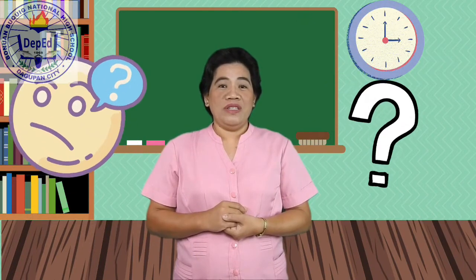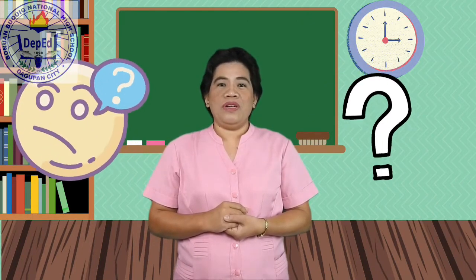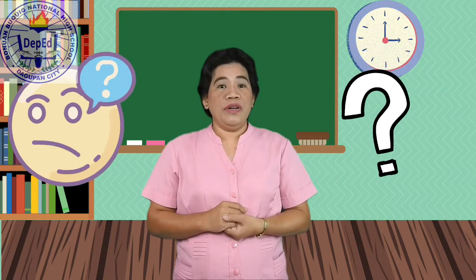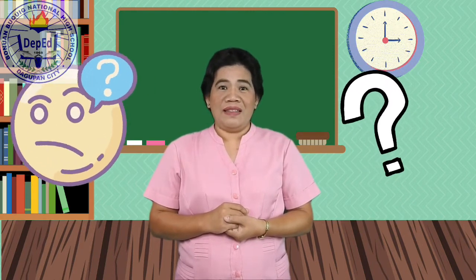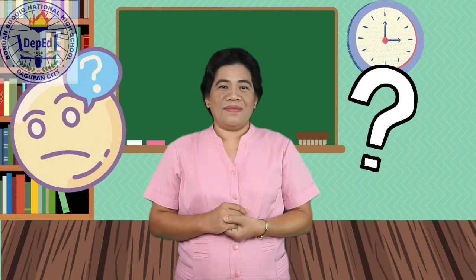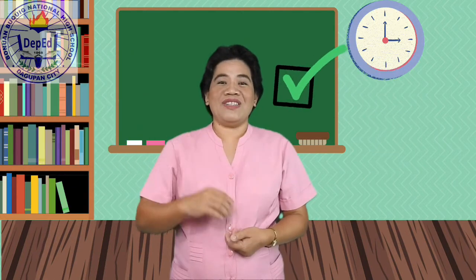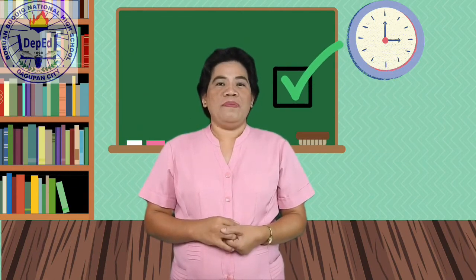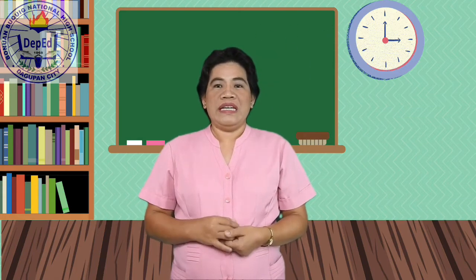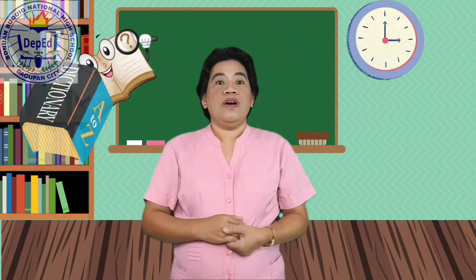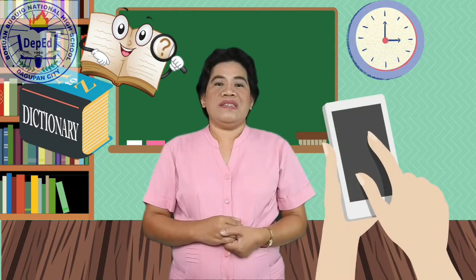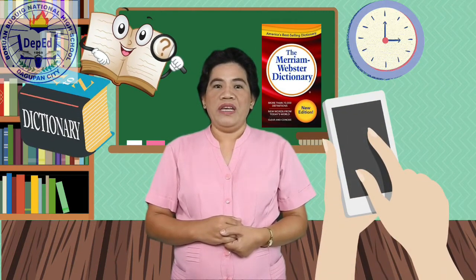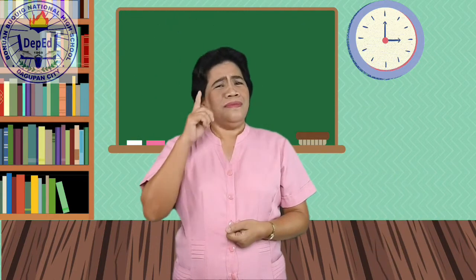What do you usually do when you're reading a book or a story and you come across an unfamiliar word that's particularly difficult to understand? Correct! We usually look up the definition of a new word in a dictionary, or if you have a mobile phone, you can use the Merriam-Webster dictionary or simply explore the internet websites.